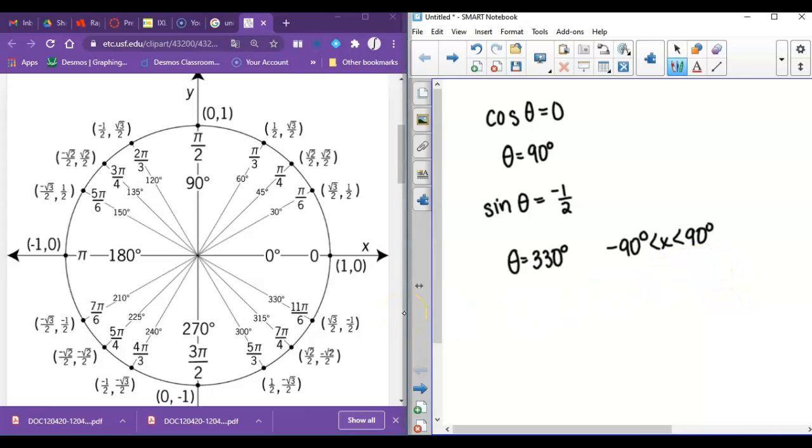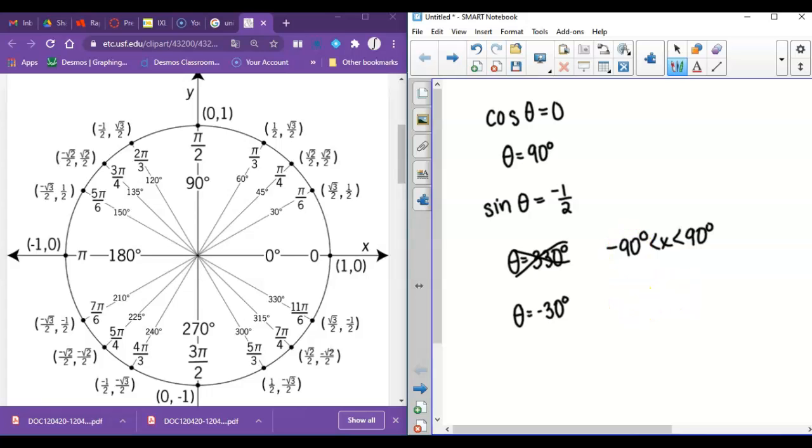So rather than thinking of this as 330 degrees, we want to think about it as a negative angle, and that would be negative 30 degrees. So instead of using 330, we want to use negative 30. So make sure that whatever you get is fitting into that interval that it's asked for.